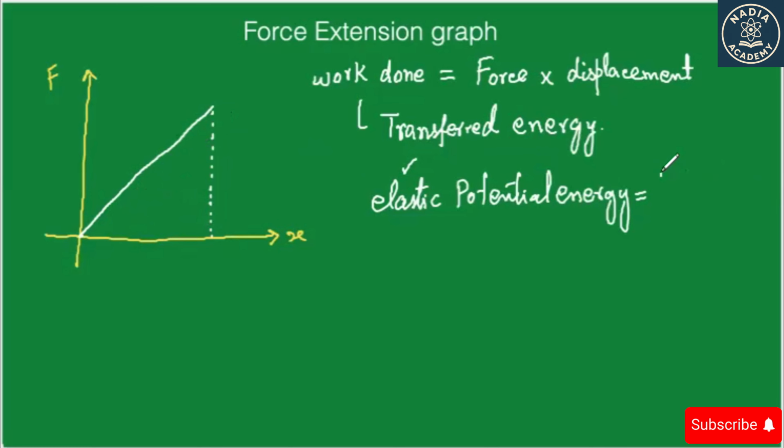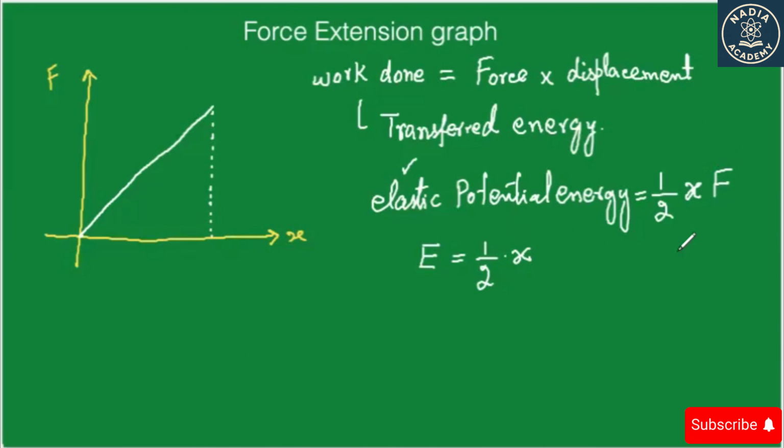the area of the triangle is half times base, which is extension x, times the height of this triangle, which is applied force F. Now we can say that this elastic potential energy E is equal to half times extension times the applied force.